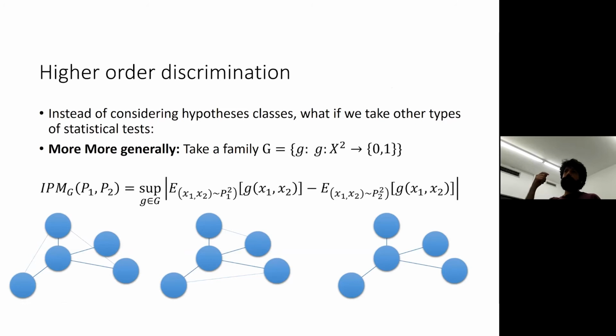The probability to draw an edge, if you draw 2 points IID from P1, is different from the probability to draw an edge if you draw 2 points according to P2. In this case, the two distributions will be considered different. So this is now a generalization of the IPM metric. If before I took a hypothesis class, now I'm looking at graphs.